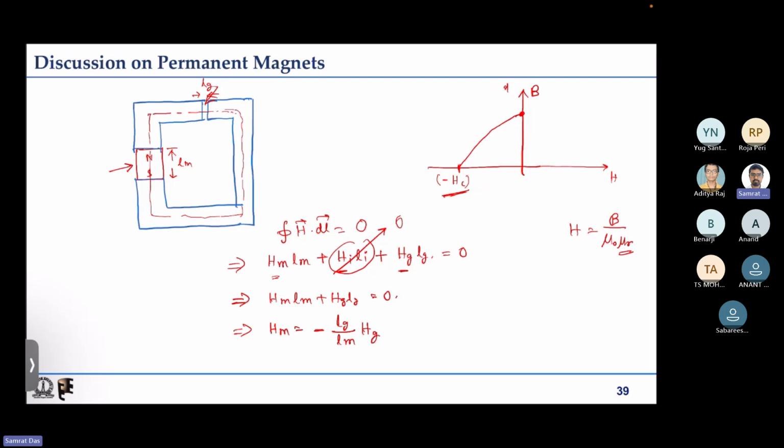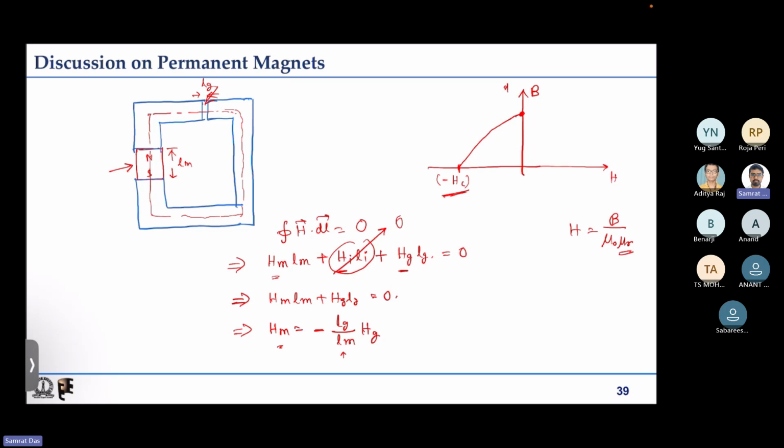This is why, if we keep a permanent magnet in a magnetic circuit with a small air gap, then based on the relative lengths of the gap and the length of the permanent magnet, there will be a negative field, because Lg and Lm both are positive. If we assume Hg to be positive, then Hm has to be negative, as told by this equation.